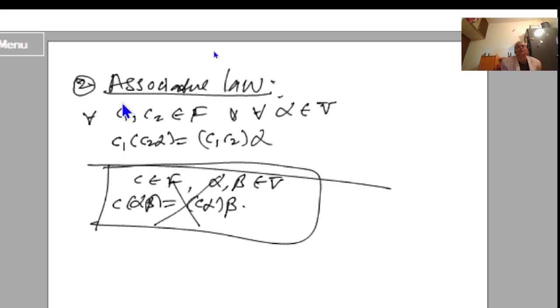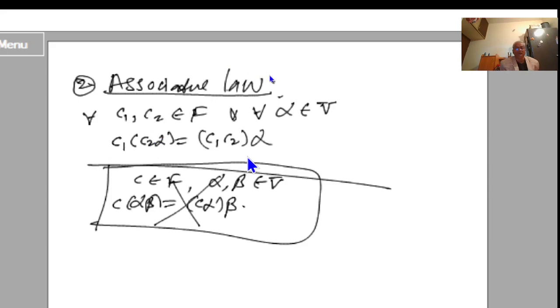Therefore, for associative law, two elements from F and one element from V. See here, C1 C2 is defined because C1, C2 belong to F and F is a field, so in a field C1 into C2 is defined. And here C2 alpha is also defined because this is nothing but the scalar multiplication. We have defined this: an element belongs to F and an element belongs to V, their multiplication is defined. So this is known as the associative law.